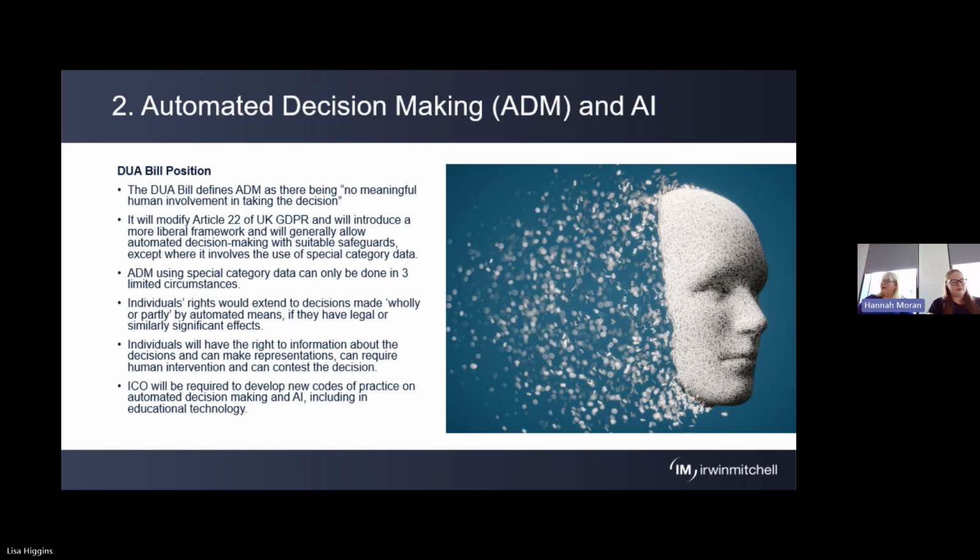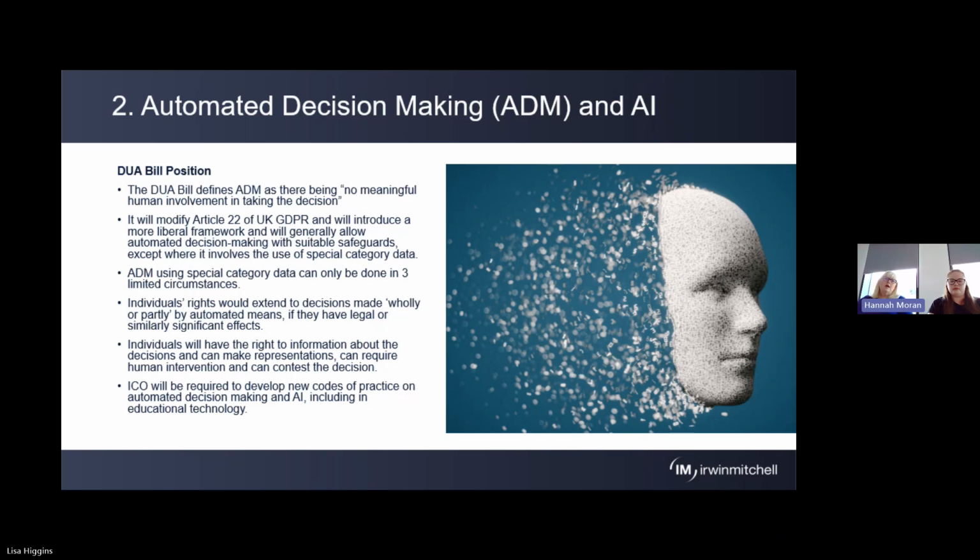Where we've now got to with this is that the position in relation to automated decision making is being relaxed. So the previous rules that I've just been talking about applied to both ordinary personal data, so name, address, education, things like that, and also special category data. So any use of personal data in the circumstances I've just outlined would be restricted, and you would have to jump through the hoops we've just been talking about.